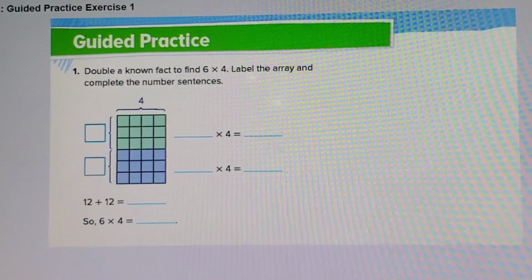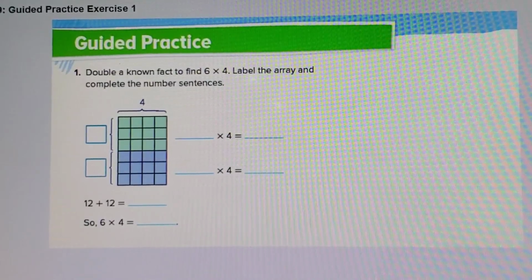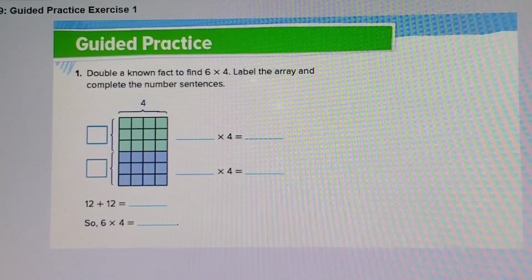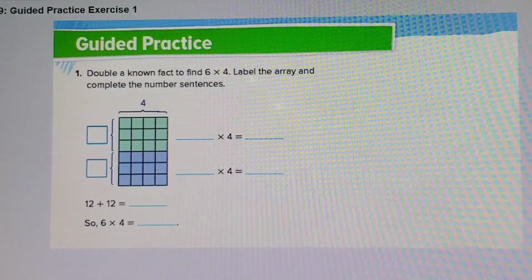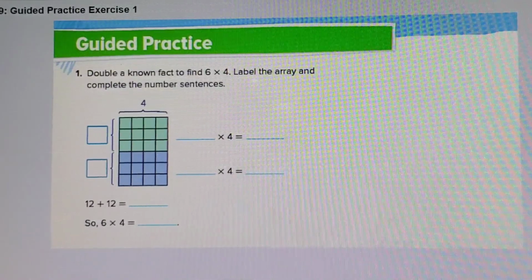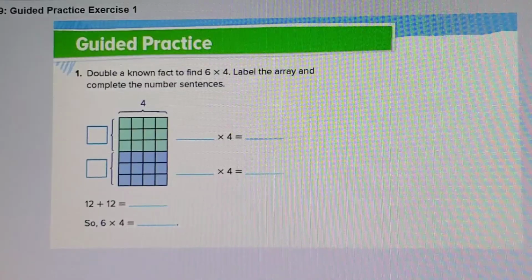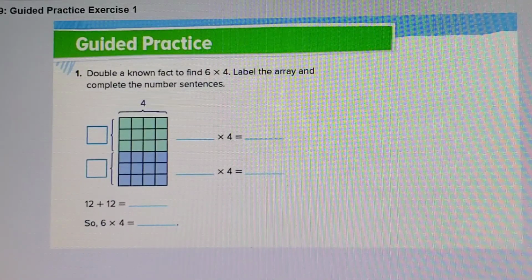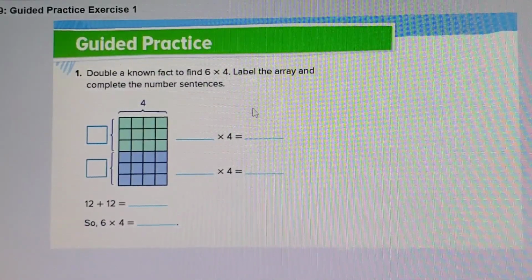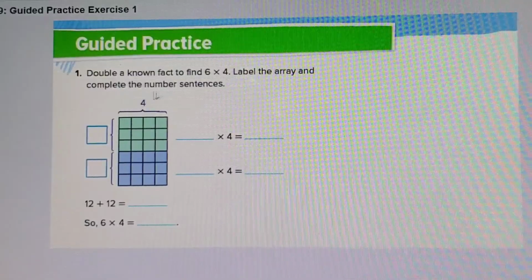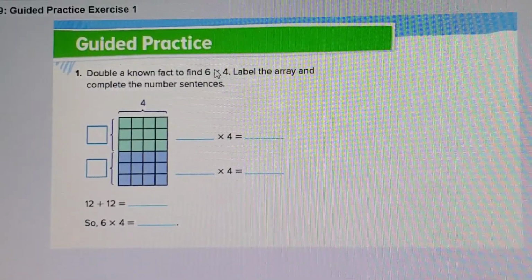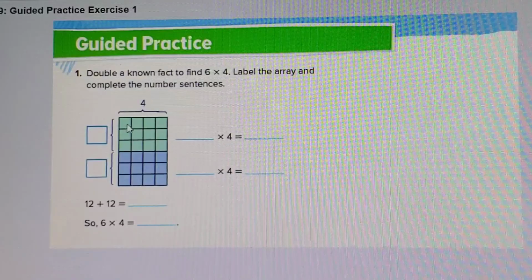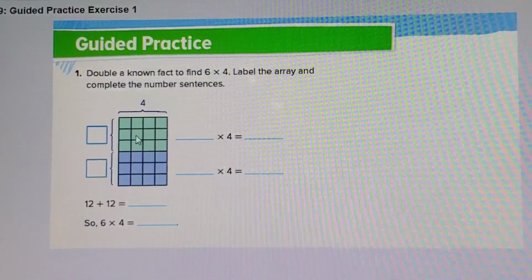Now we're on guided practice. Double a known fact to find 6 times 4. Label the array and complete the number sentences. Here, we're going to decompose 6. So here you have 3 rows of 4.